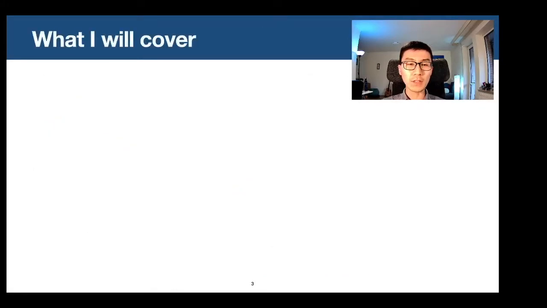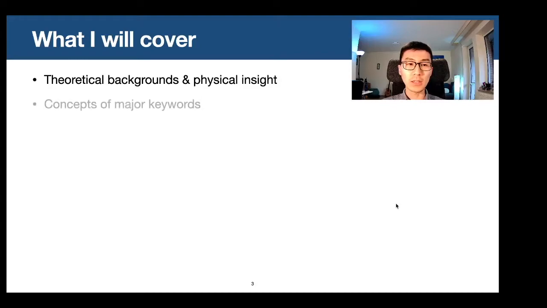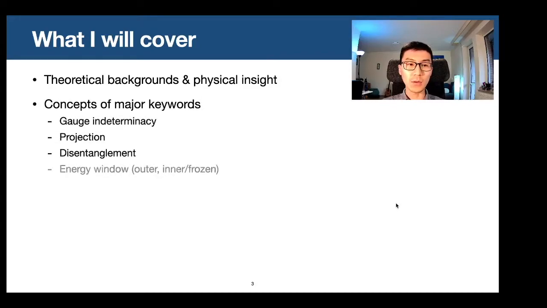So what I'm going to cover in this video is the theoretical background and some physical insight that you need for obtaining high-quality Wannier functions. I'm going to introduce major concepts like what is gauge degree of freedom and what is gauge indeterminacy, projection, disentanglement, and energy windows. There are several: outer window, inner window, and frozen window.